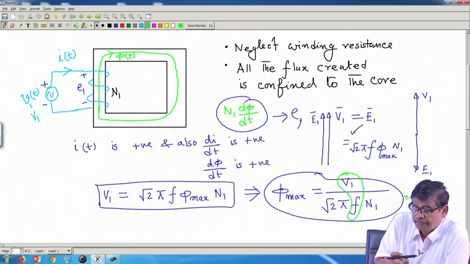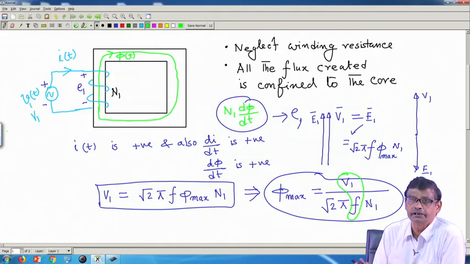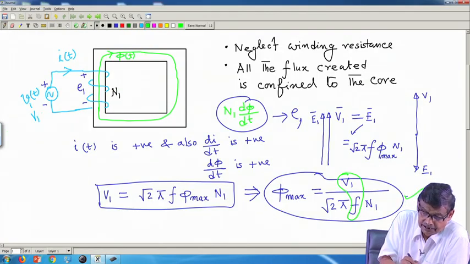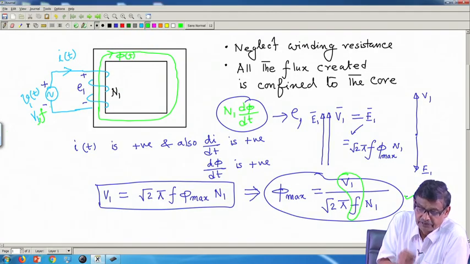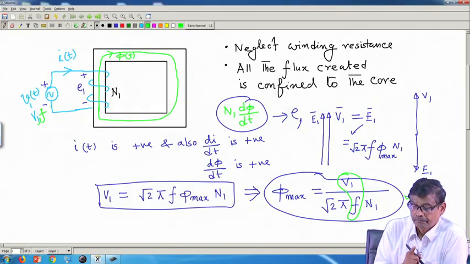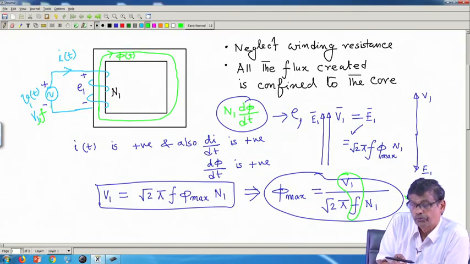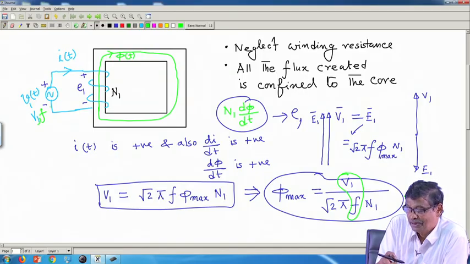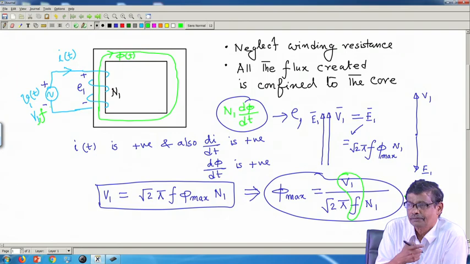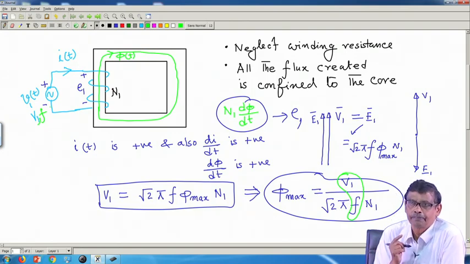In other words, if mu bar changes with a different magnetic material, phi max you cannot alter. It is solely decided by V1 and the supply frequency. They have the last word about the strength of the flux created inside the core, nobody else, and definitely not the relative permeability of the core material. Supply voltage and frequency are fixed, so phi max is decided.